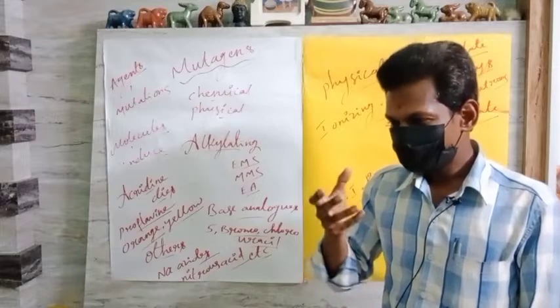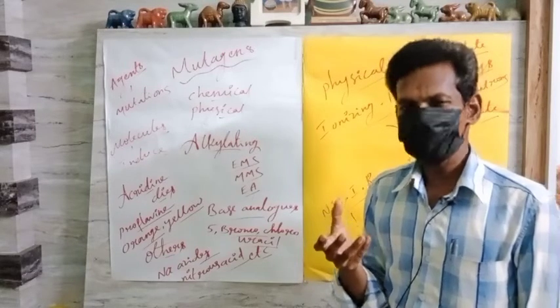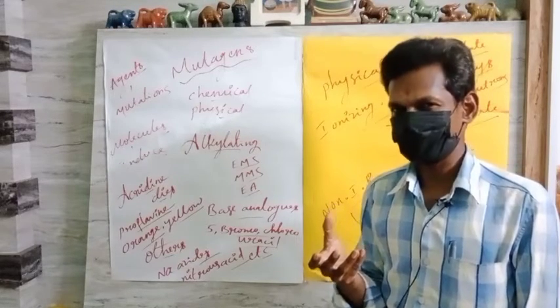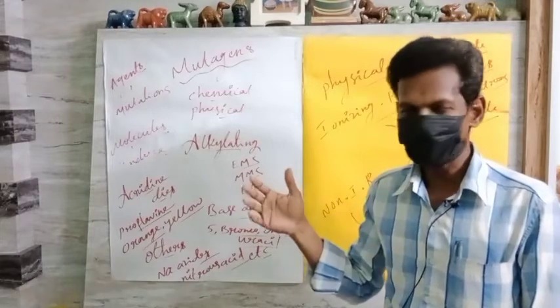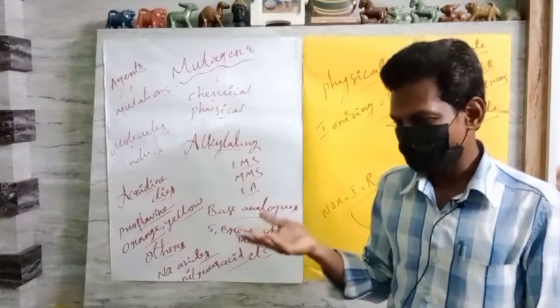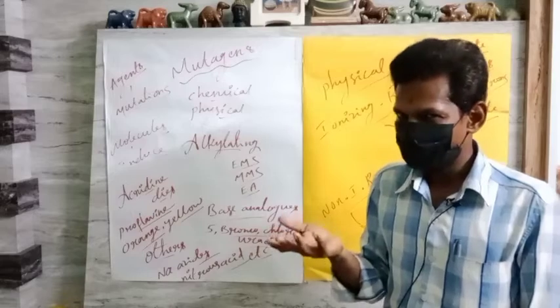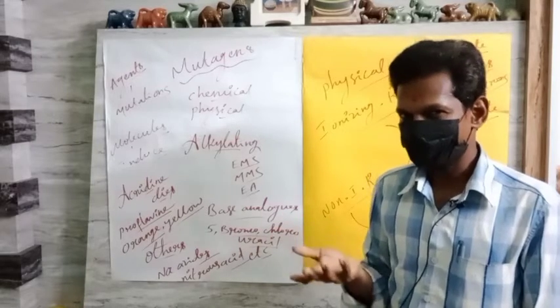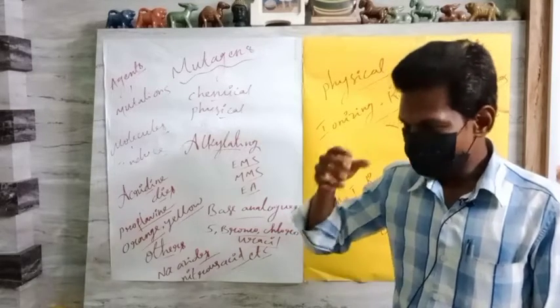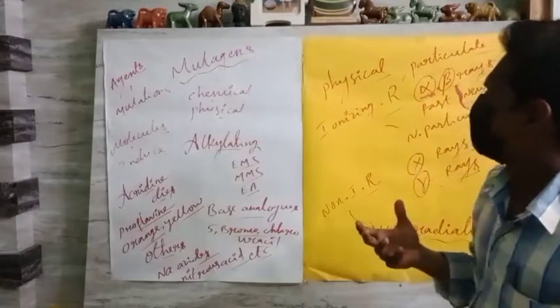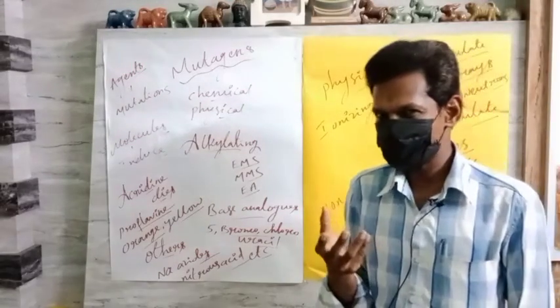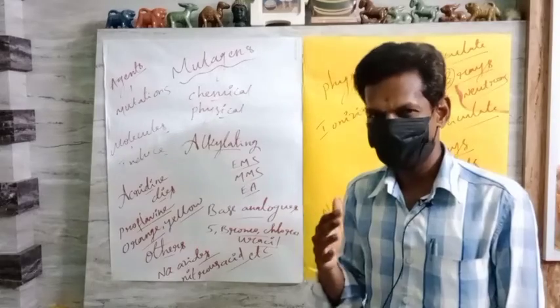So, this is the interruption or the disturbance, whether it may be plant or animal or an insect or a bird. Whatever the organism, if it gets interruption at its gene level, then that is called mutation.